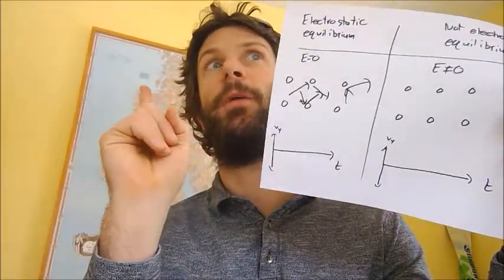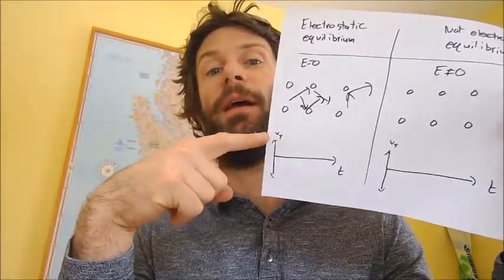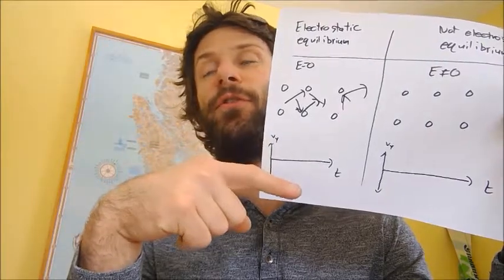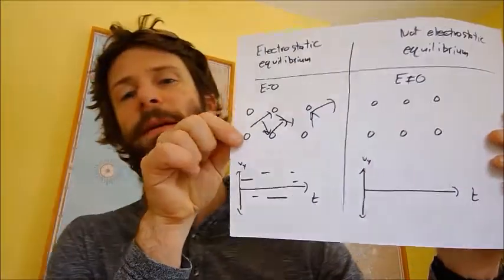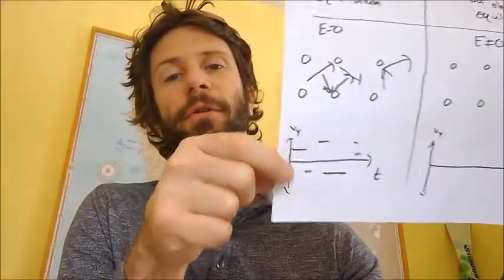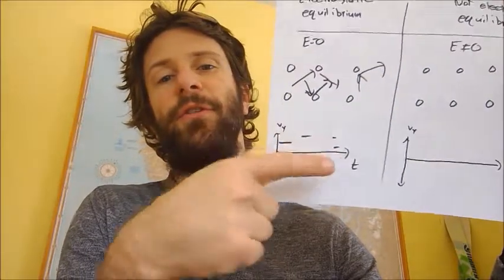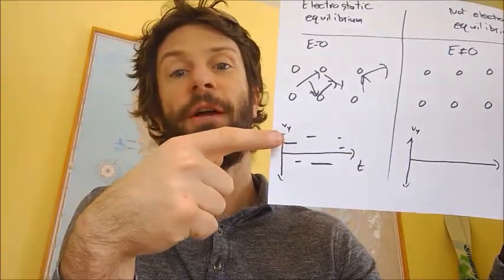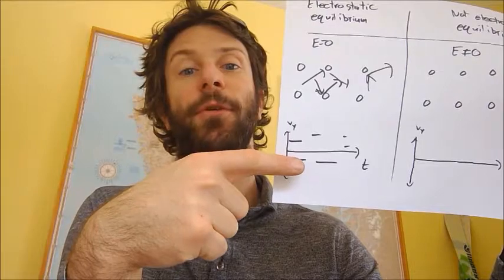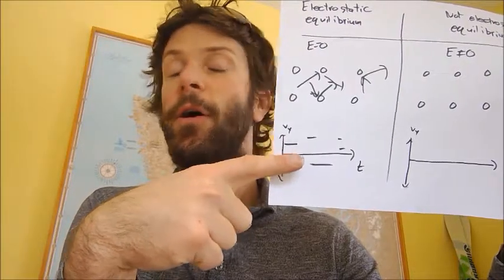If I were to look at any one electron and plot its velocity graph versus time, it will look like this. Roughly, I'm just kind of making something up. So velocity in the x direction versus t, what I have is it's constant. It hits an atom, now it's going some other direction. Constant, right?